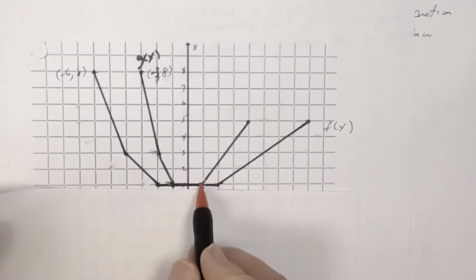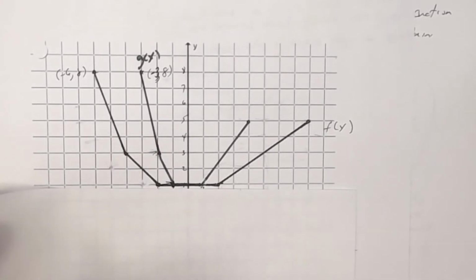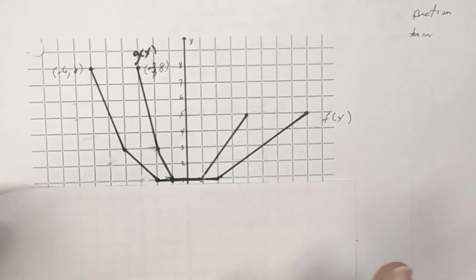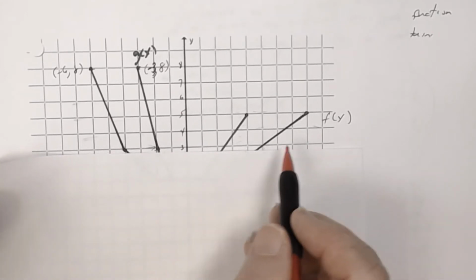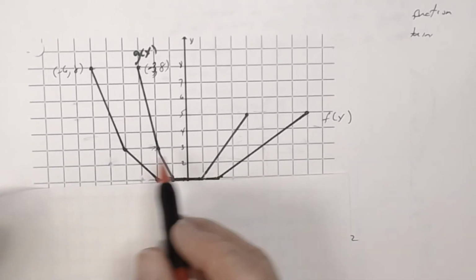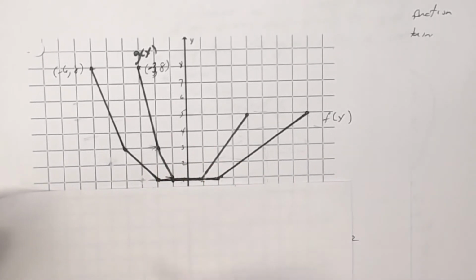If I take half of 2, this is what distance? 1. And same thing on this side. So do you understand what I mean by a factor of a half? If c is 2, you don't say by a factor of 2, because if you say by a factor of 2, you're really increasing it. You're doubling this distance. But remember, this is a shrink.